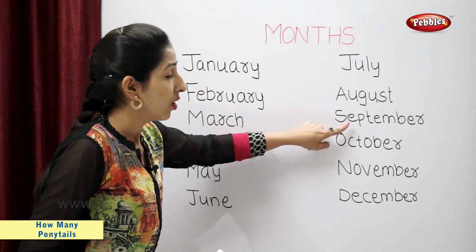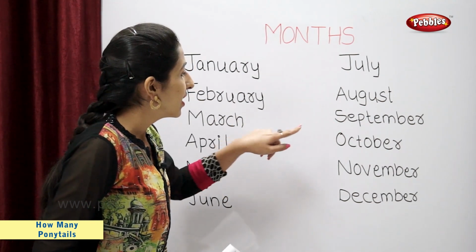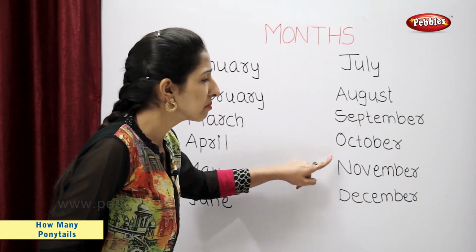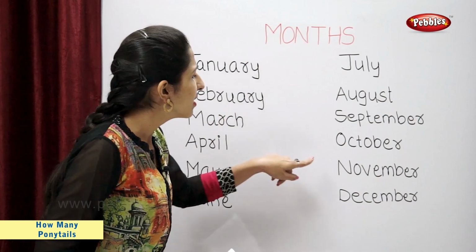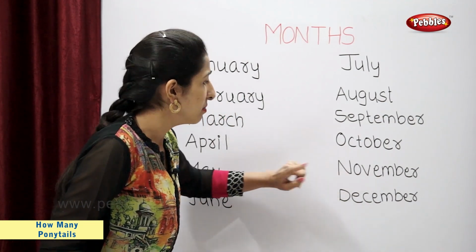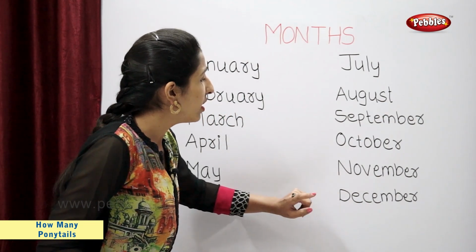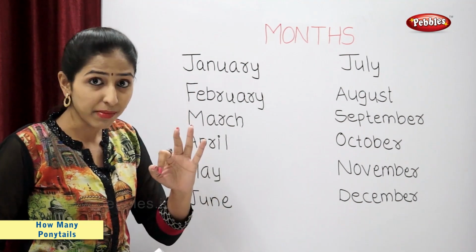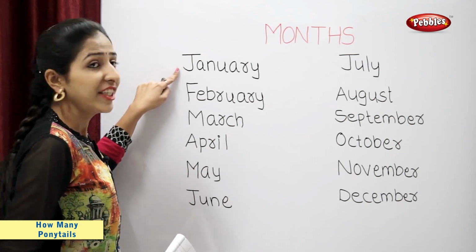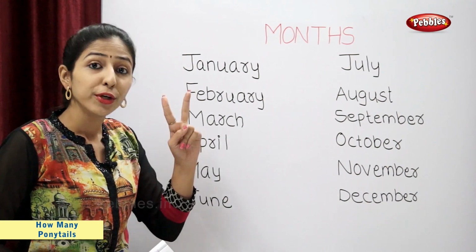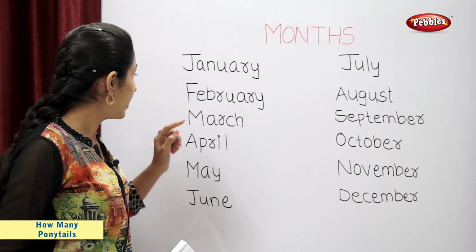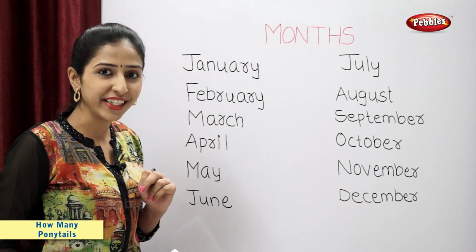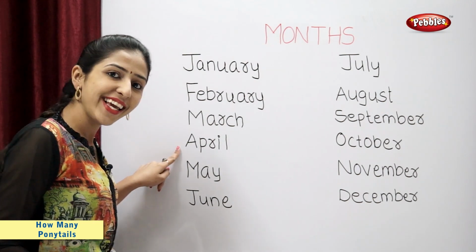So only 1 month. O, October, only October. N for November, D for December. So, there are 3 months starting with letter J. There are 2 months starting with letter M. And there are 2 months starting with letter A.